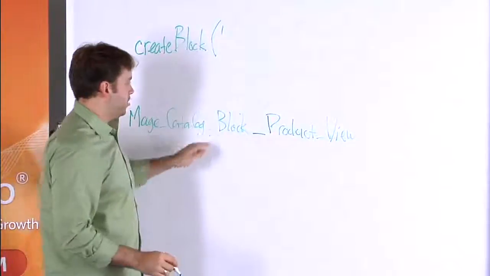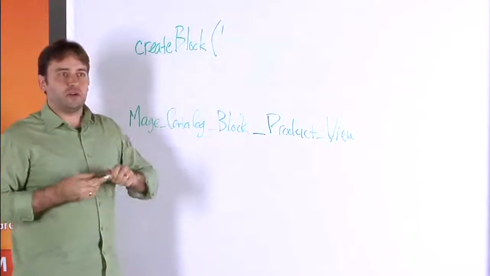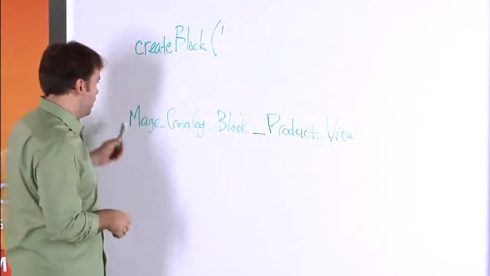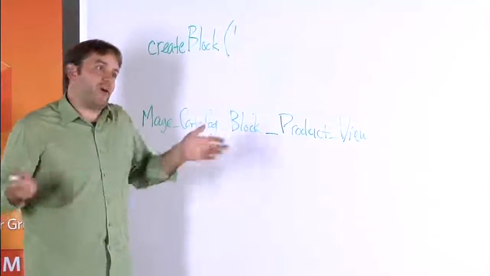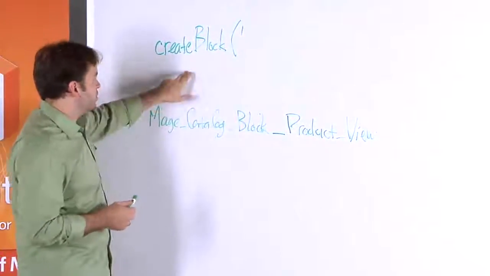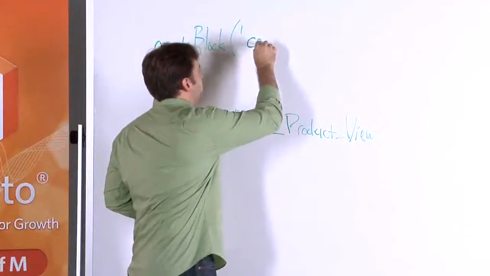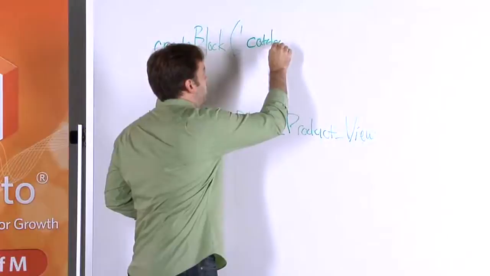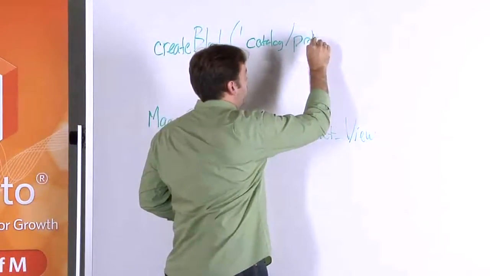So, Mage catalog block product view. That's a class name. And because of the way the autoloader works in Magento, the class name effectively becomes a file path. We'll look at that. So what that looks like when we're doing a create block is this: catalog, product, whoops.